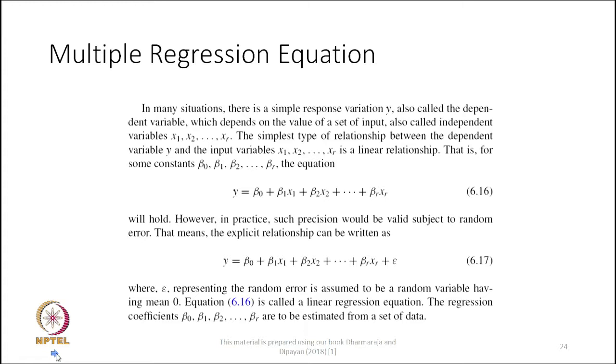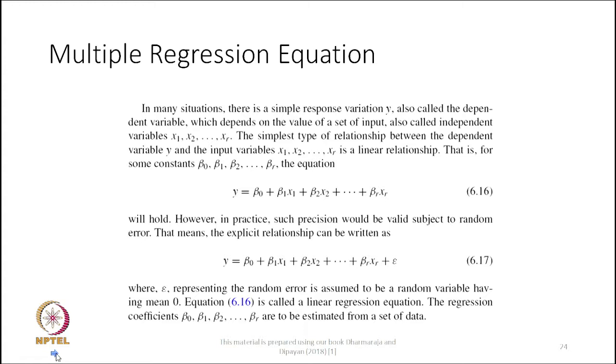In this we will have an error term also. We can include the error term, that is epsilon, called a random error. It is a random variable with mean 0. We call equation 6.16 a linear regression equation.